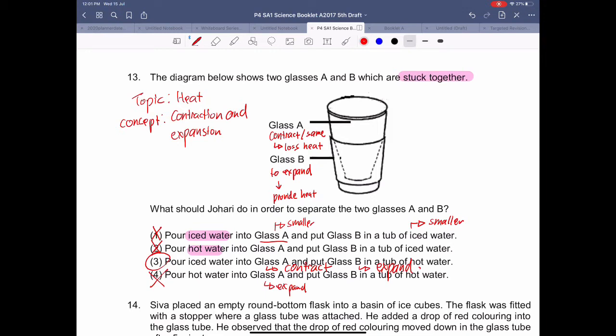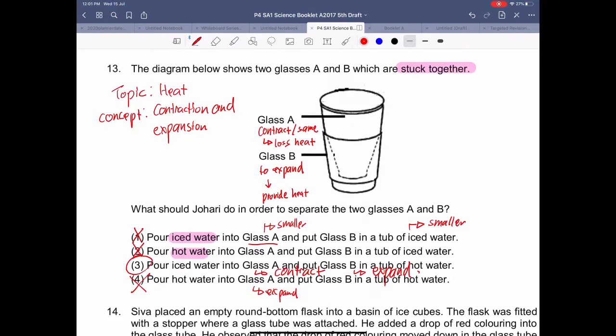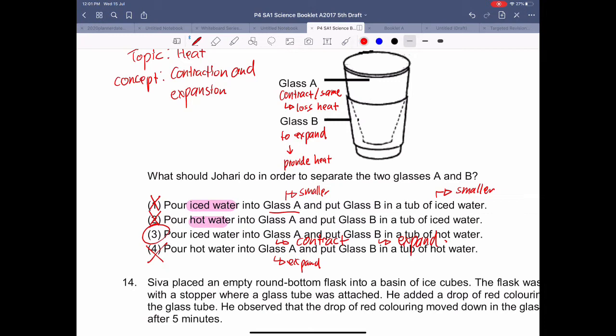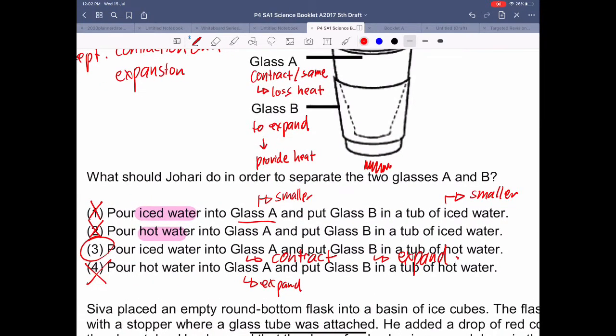Okay, yes, exactly. So, Hei Long has asked a very good question. His question was, why can't they just heat up glass B? If you just heat up glass B, then no problem. Glass B expands, but glass A will remain the same. However, it is very difficult to actually do that because the heat will travel from glass B and then it will travel to glass A also.